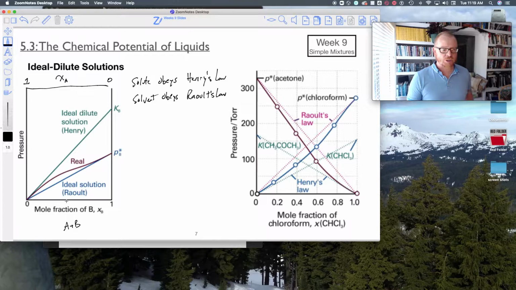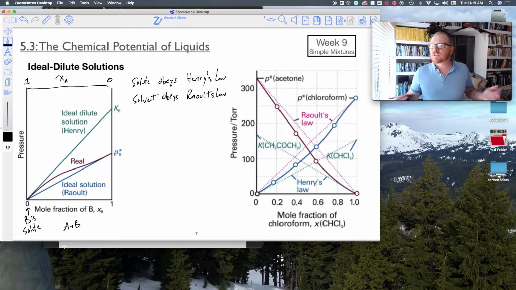Okay, so I'll show you here. So if we look at sparingly small additions of B. So in other words, we're making a solvent with A, and then now a solute with B. So here I'll say B is solute.